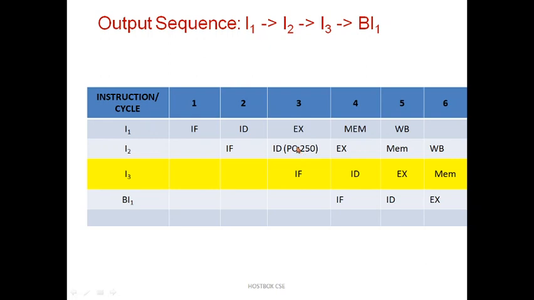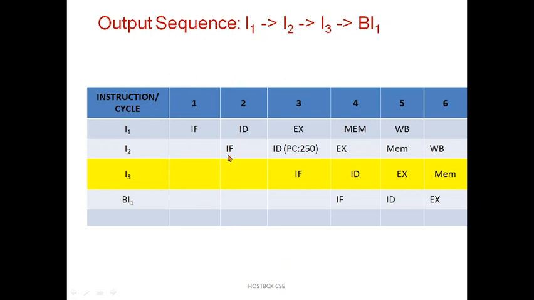Then it has to update the PC address to 250 and continue with execution, memory access and write back. But whenever the control problem arises, it won't go directly to BA1 after I2 as the order given. Instead it will go and execute I3 normally.